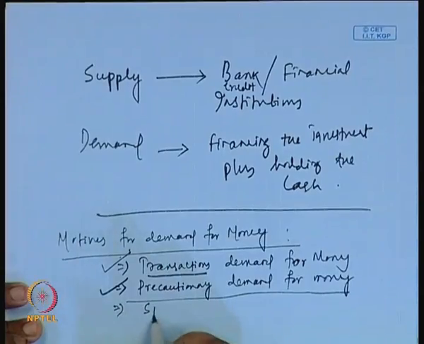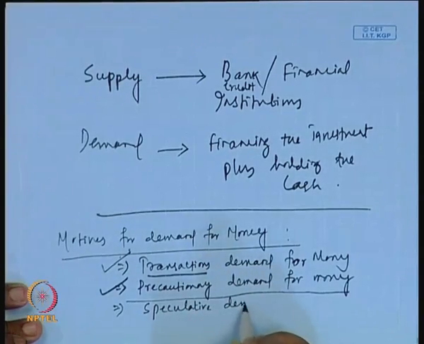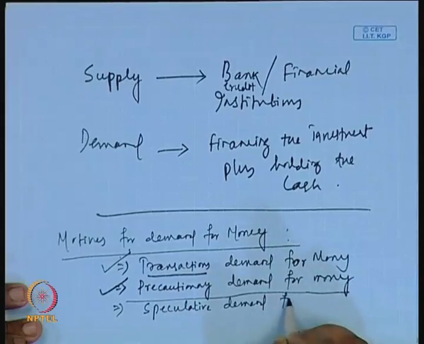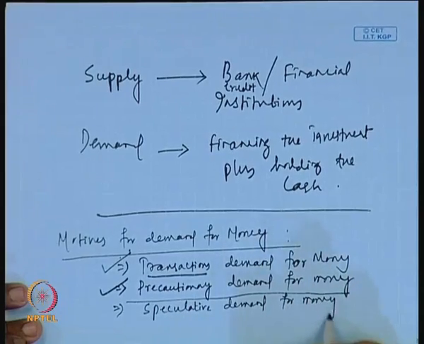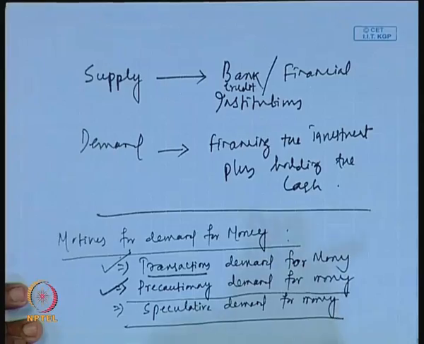Then there is another motive added, called the speculative demand for money. What do you mean by speculative demand? Speculative means it is basically speculation. The stock market is a market for speculation, and any derivatives market is a market for speculation.